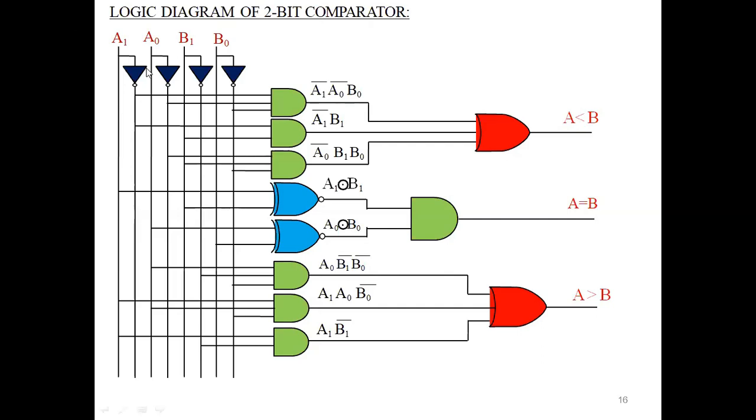So let's see here. A1 is one, and it passes here as A1 dash, A0 dash and B0. A1 complemented, that is 0, here also 0, and B0 value is 1. Sorry.